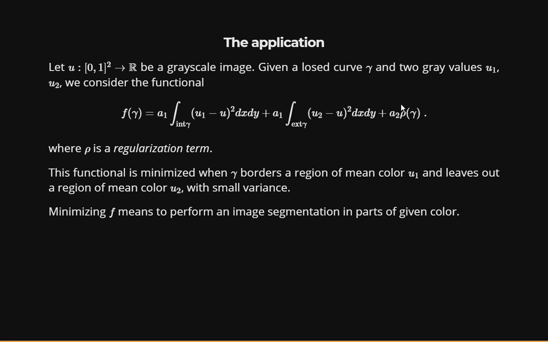So, given an image, we can more or less guess, taking means and stuff like that, what color the main parts of the image will be, and we try to write down this functional or more complicated versions of this functional with many pieces of curves enclosing different regions, or just iterating this on the remaining parts of the image to divide it into pieces of similar mean color.